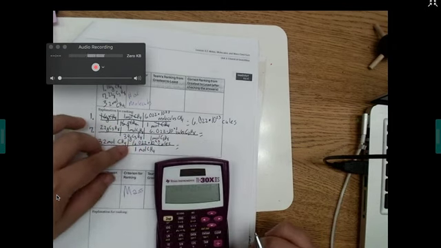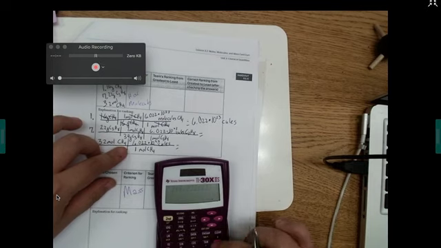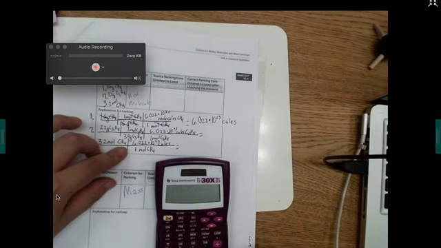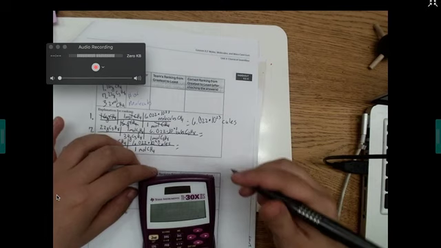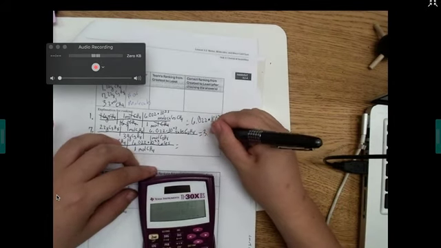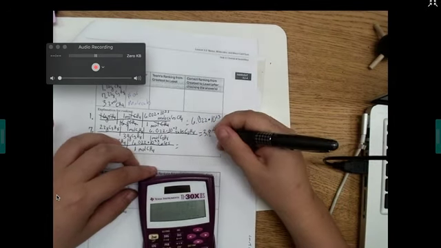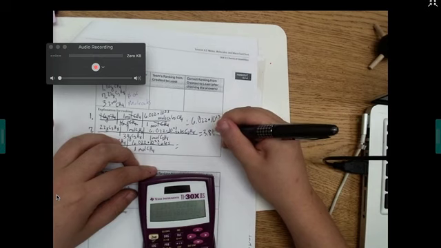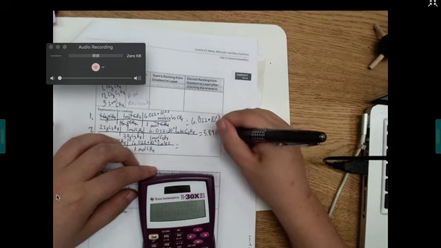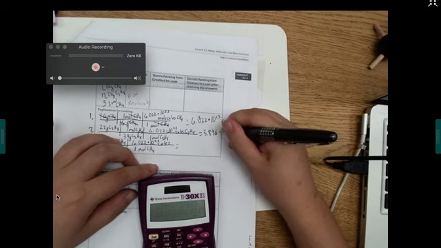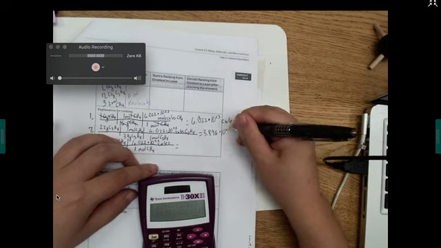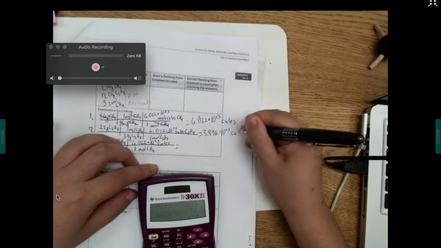So I multiply everything on top and then I divide by what's on the bottom. And so that's going to be 3.89, actually, 3.896 times 10 to the 23rd joules.